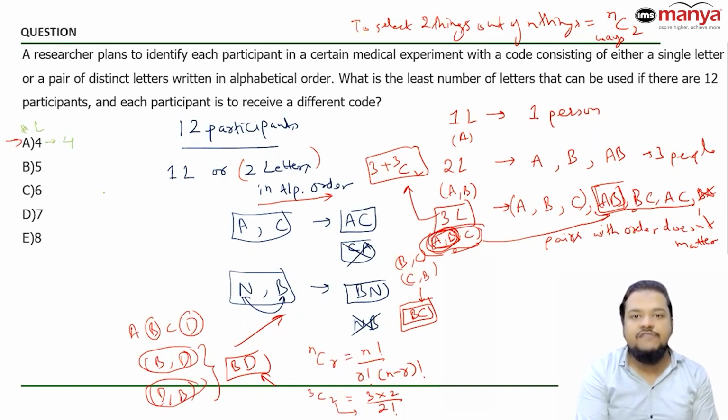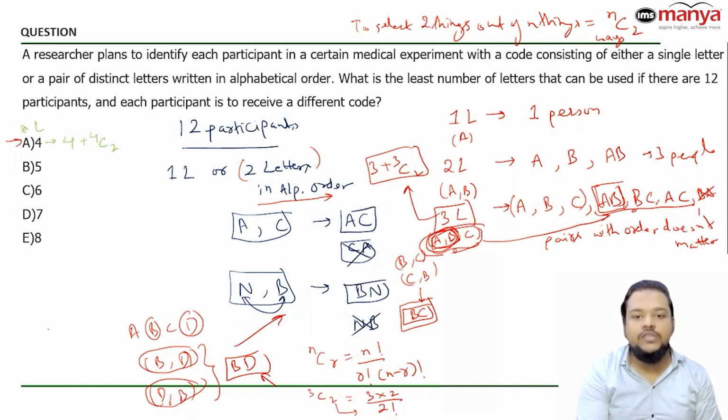If I choose A first, B later, or B first, A later, the end result, the code, is AB only. So order of selection does not matter. Hence, I have to select 2 letters out of 4 letters. That means the number of participants that I can code will be 4 plus 4C2.